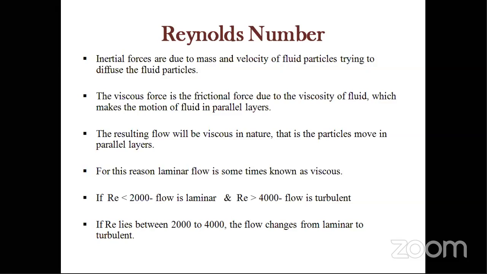So this comes in short questions. Reynolds number less than 2000 is laminar. Greater than 4000 is turbulent. And between 2000 and 4000, the flow changes from laminar to turbulent, meaning that the flow changes only due to shaking or applying some stress.